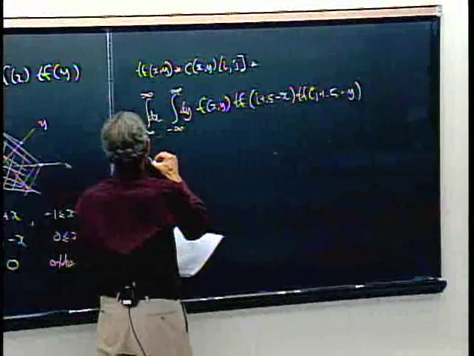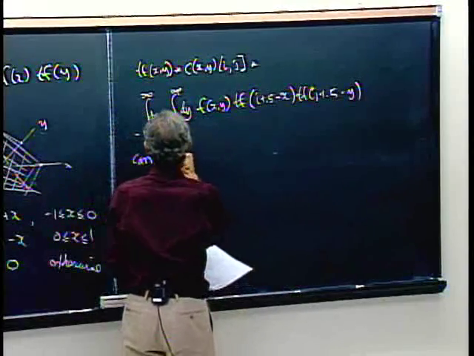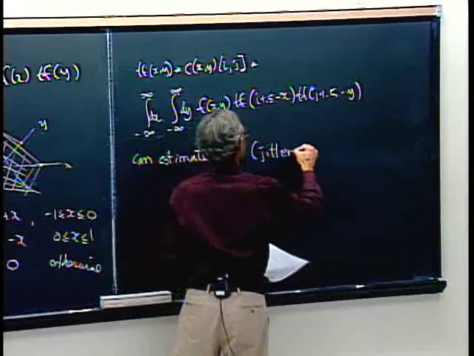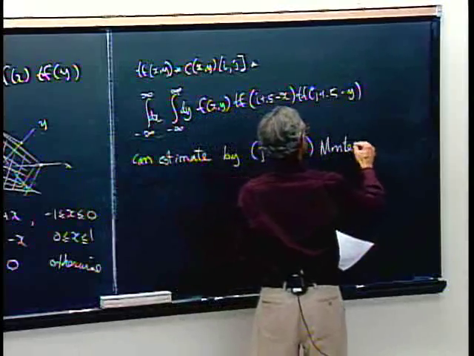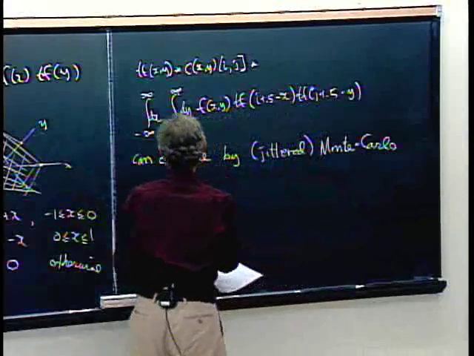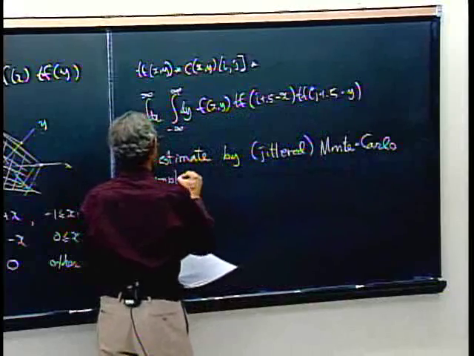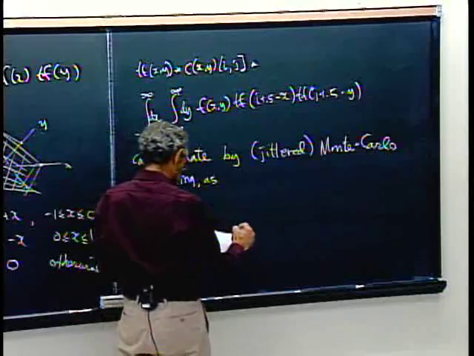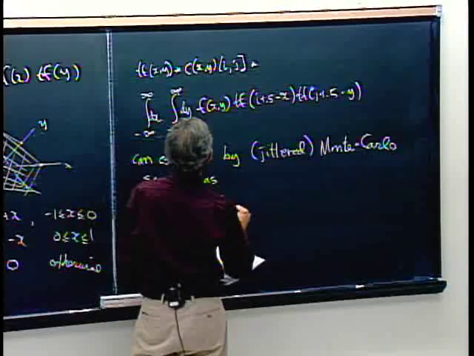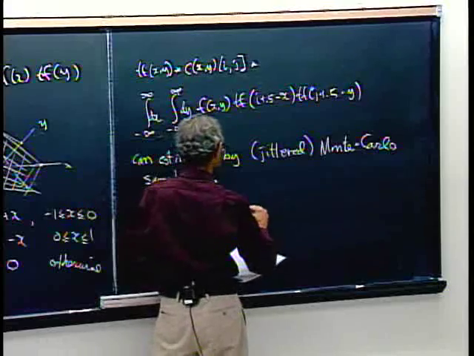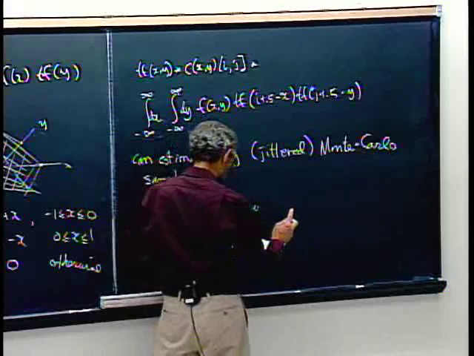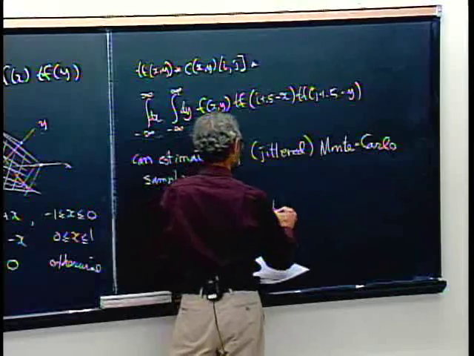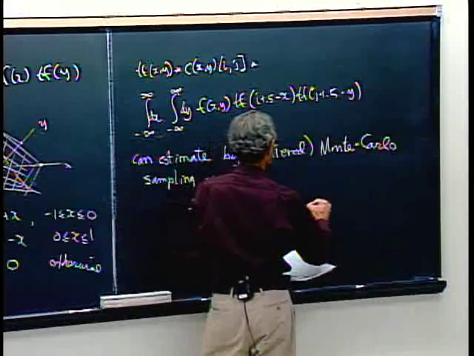We can estimate it by, I'm saying jittered because it could be optional, 1 over n times the sum of f of xk, yk times h of i plus 5 minus xk.